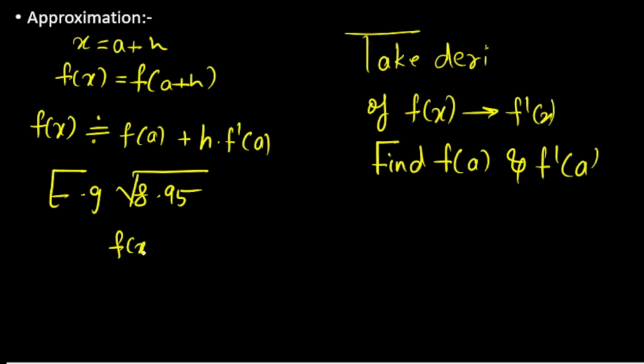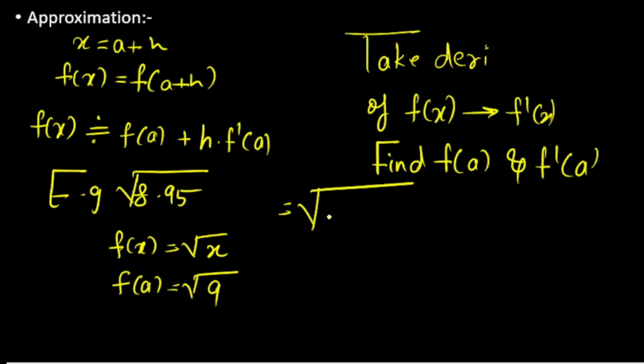Here f of x is equal to root of x. We take f of a is equal to root of 9, which is equivalent to root of 9 plus minus 0.05.